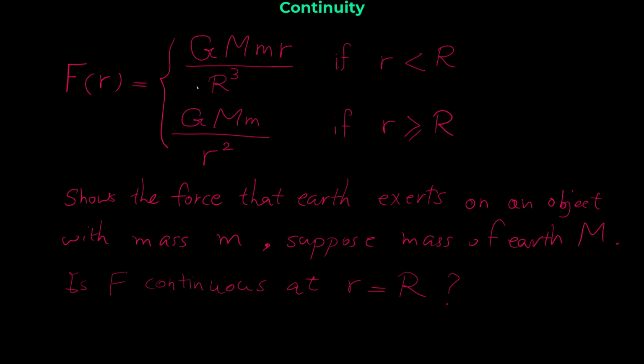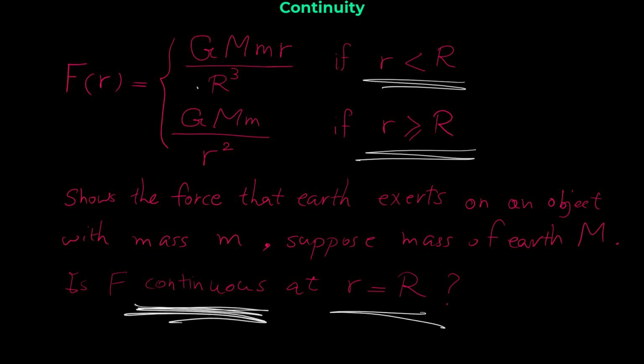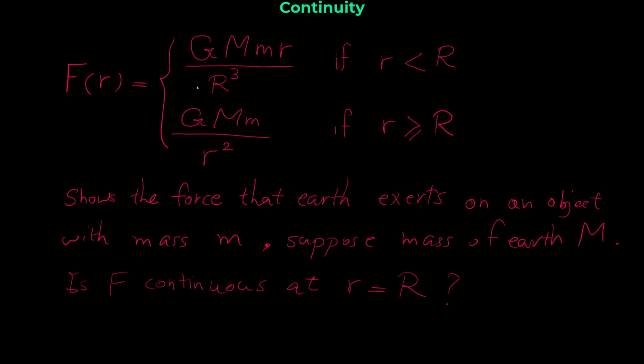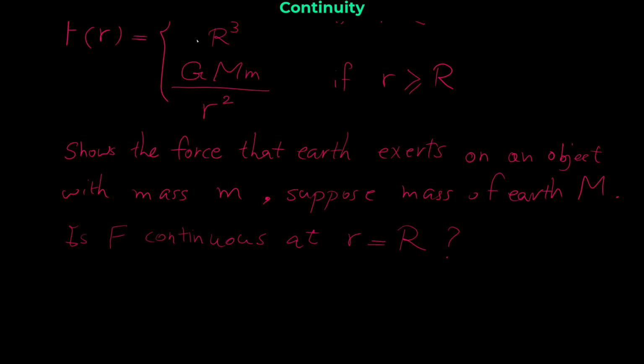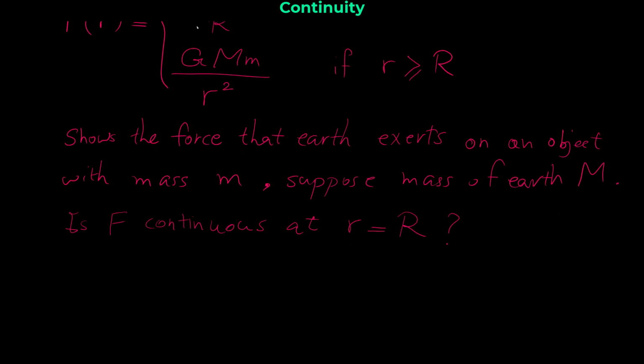As you can see from the equations, the equation of f of r changes when r is less than R or greater than R. That's the reason we are interested to check continuity of this function when r equals R. If you remember the definition of continuity at a point, first we have to check, is the function defined at the point or not?